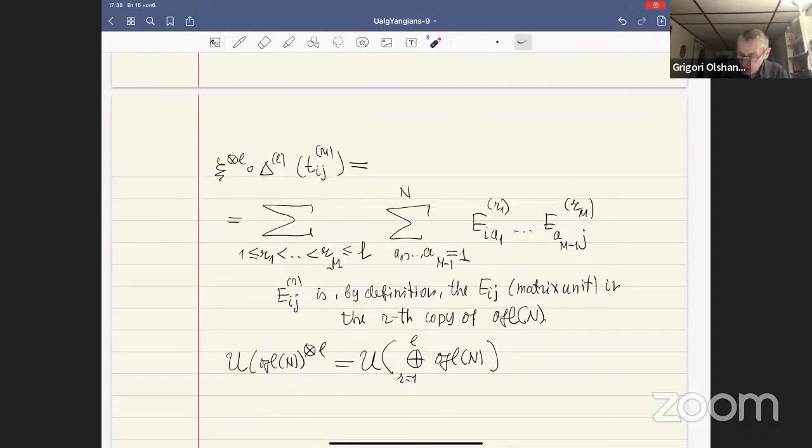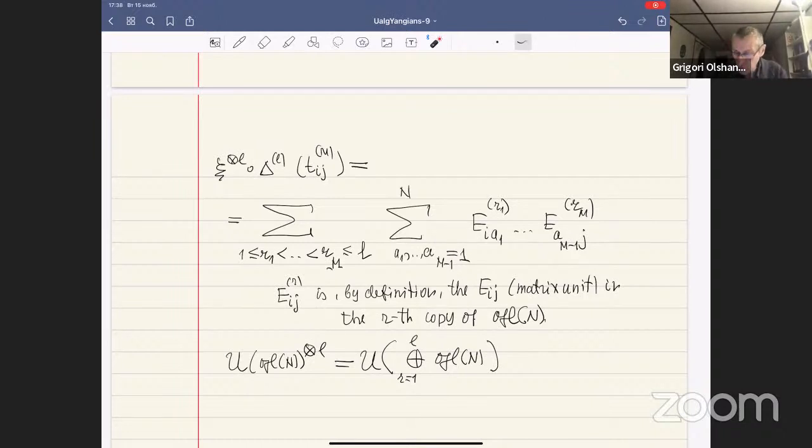This does not contradict the fact that we have only m-1 indices a and not L-1 indices. This should be understood.